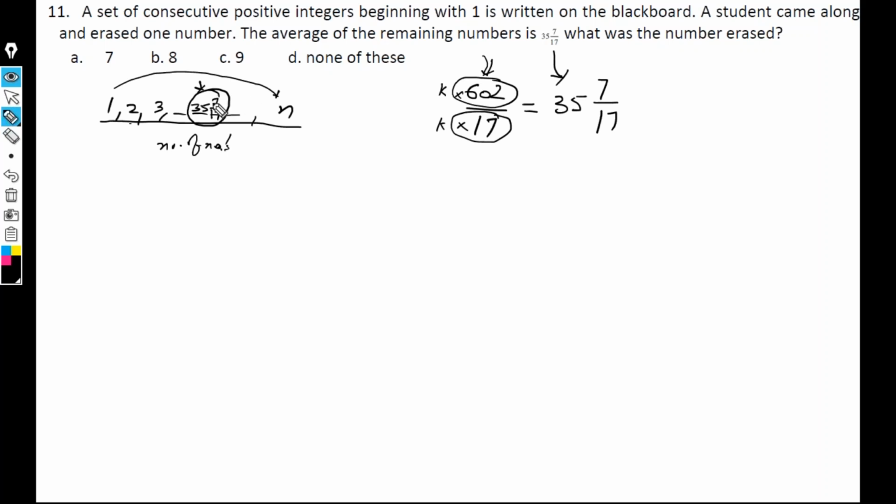So can I say the number of terms is still going to be somewhere closer to 70? Is that clear, everyone? Because the average of 1 and 70 will be 35 point something. Tell me, guys, is this part clear?